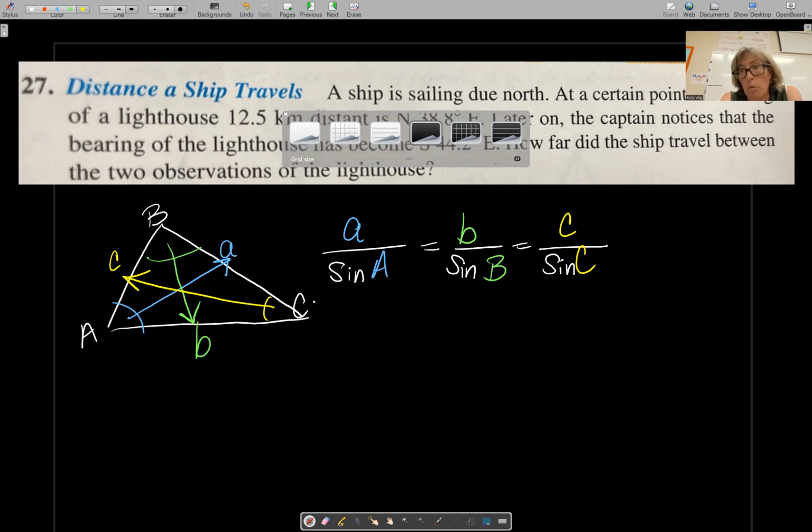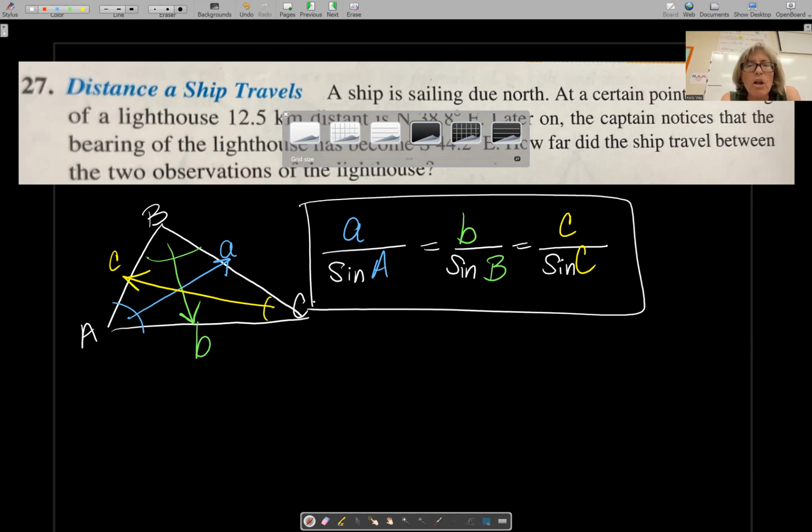The original theory says all three combos are possible, but when we actually work with it, we only deal with one proportion at a time: something over something equals something over something. By the way, if you Google this, you can also see it in the inverted form. If you flip all of these, it does the same thing. So that is the law of sines.